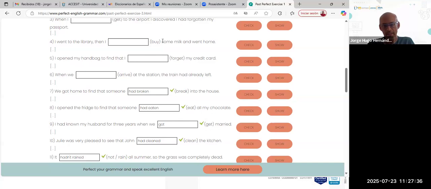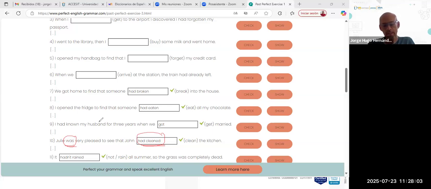In sentences like this, for example, Julie was and John had cleaned, we are using both tenses, no? Simple past and past perfect tense, okay? It's very common to mix both tenses, simple past and past perfect tense.